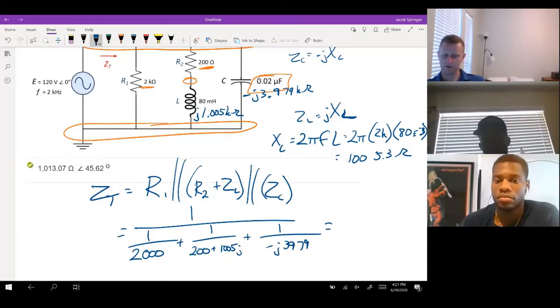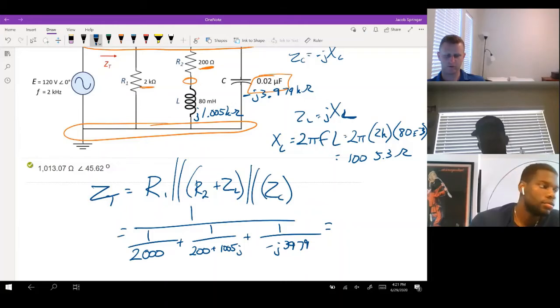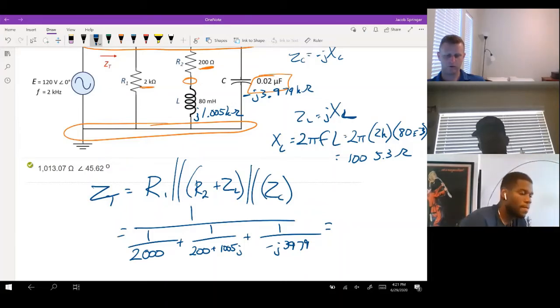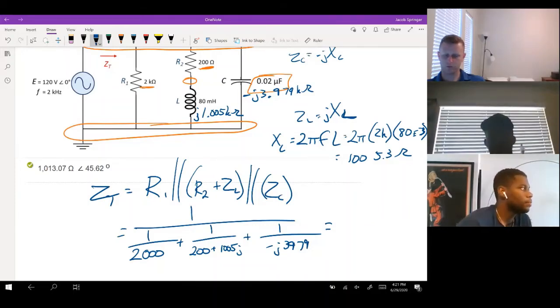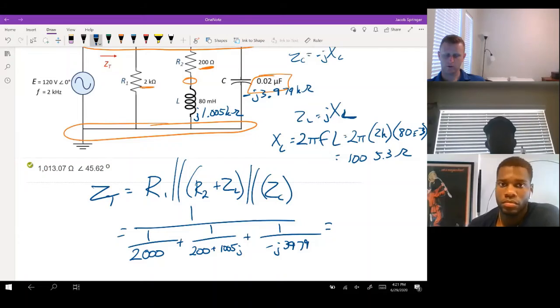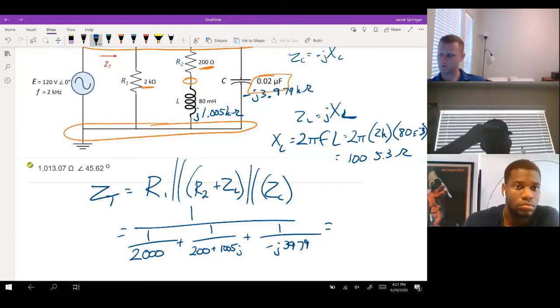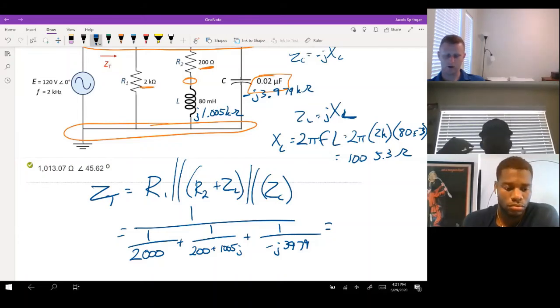I'm going to type it in the calculator, make sure that's the correct numbers. 200 plus 1005 j plus 1 over negative j 3979.